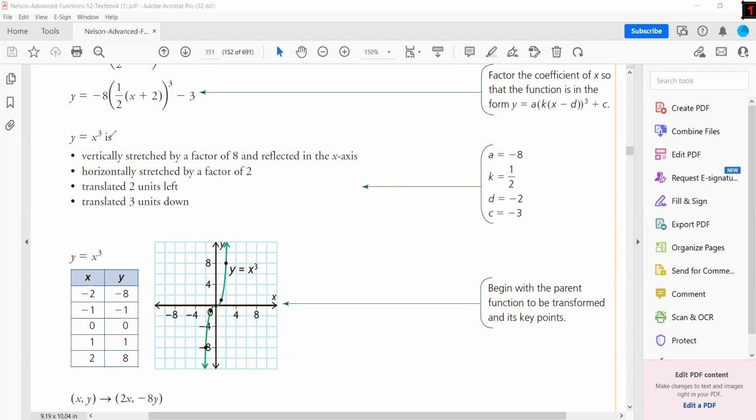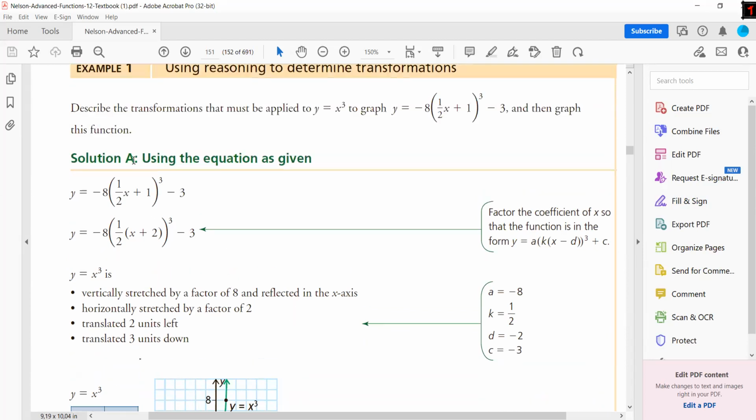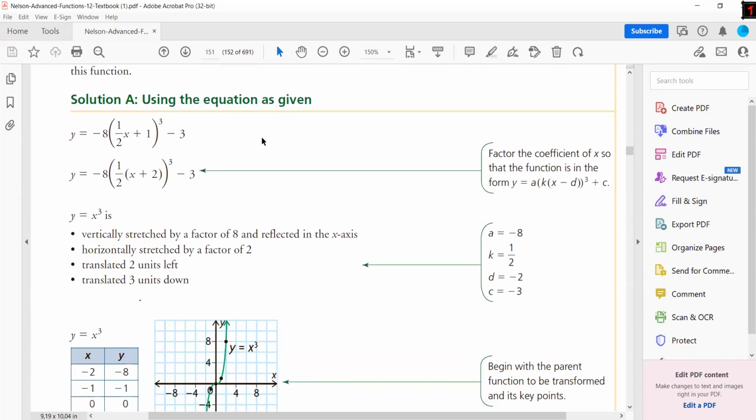Then I would have to find a few more points to the left and right from this y-intercept in order to plot this graph properly.